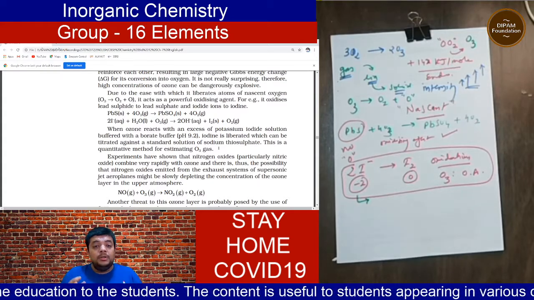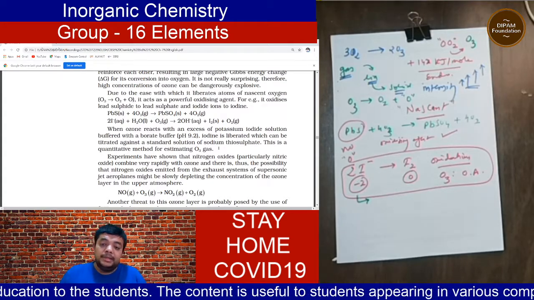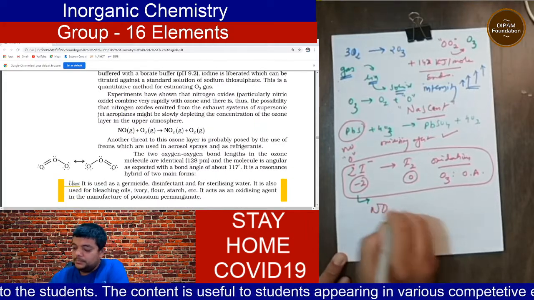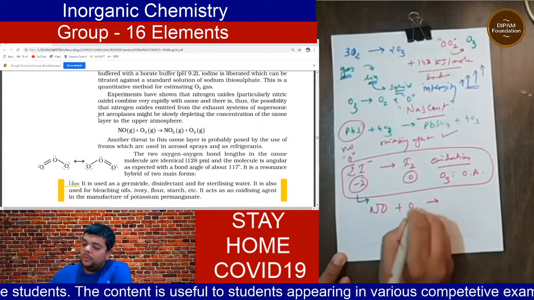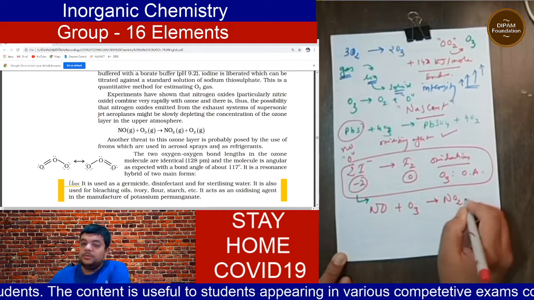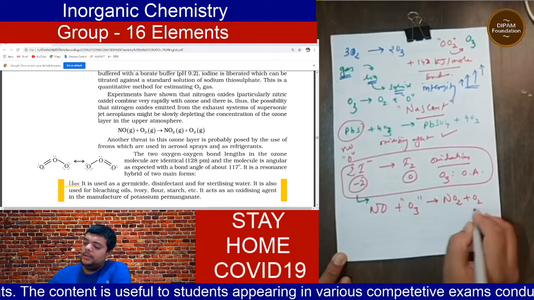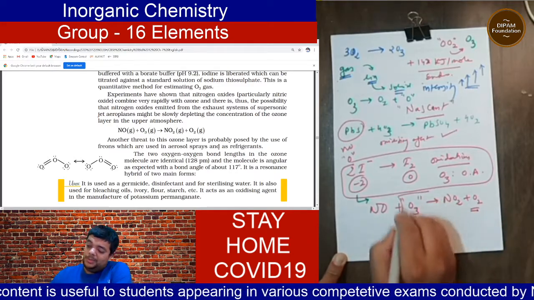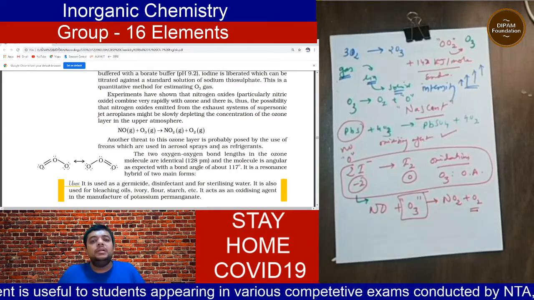Properties. Pure ozone is a pale blue gas, dark blue liquid and violet black solid. You can see it is in gas, it is in liquid, it is in solid. Also a very interesting thing, as we went from gas to liquid and from liquid to solid, the color intensity increased.